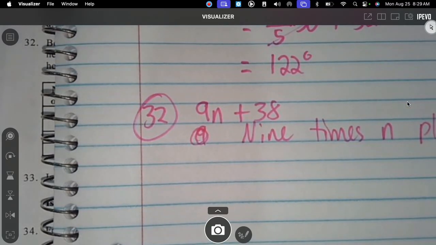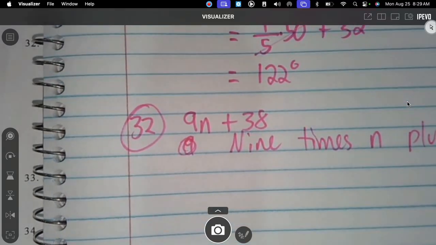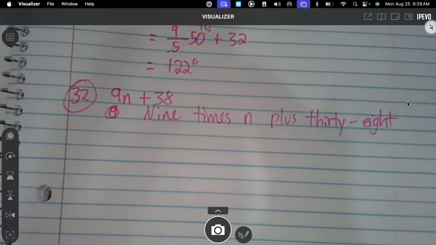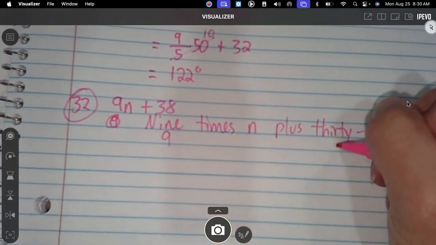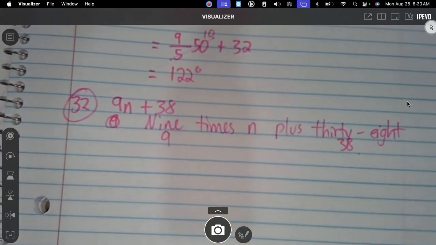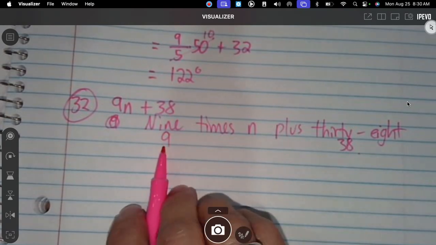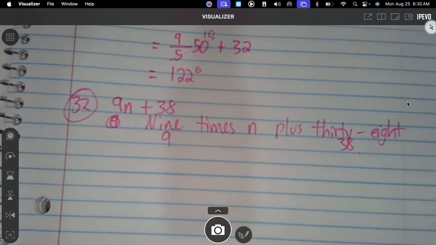You could have written 9 times the number of boxes plus 38. Okay, you could just write the numbers too. I'd be fine with that. Instead, you could do 9 times n plus that number.